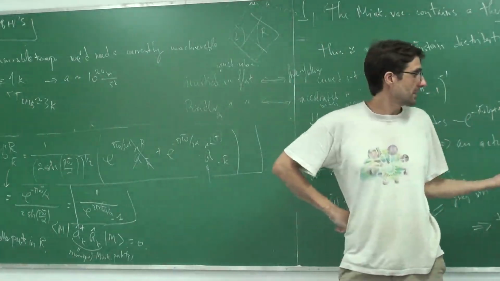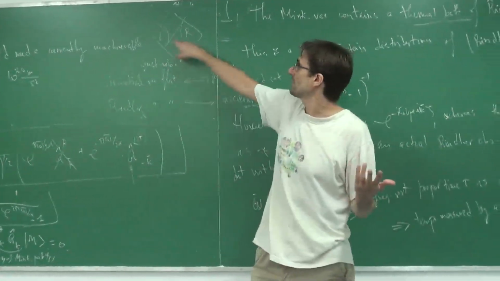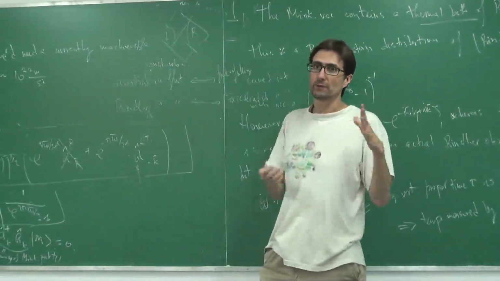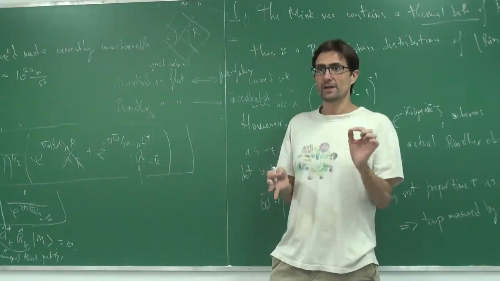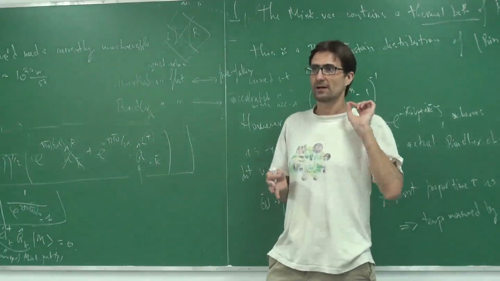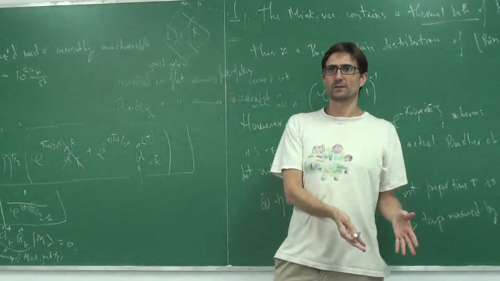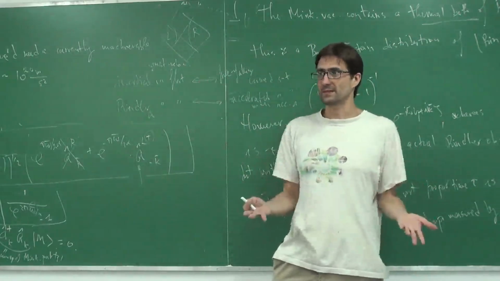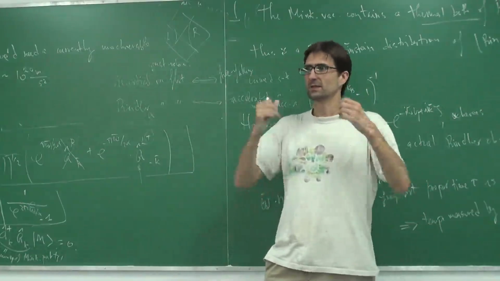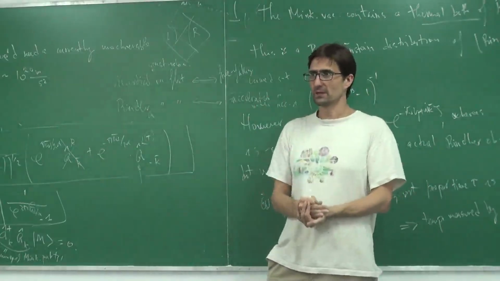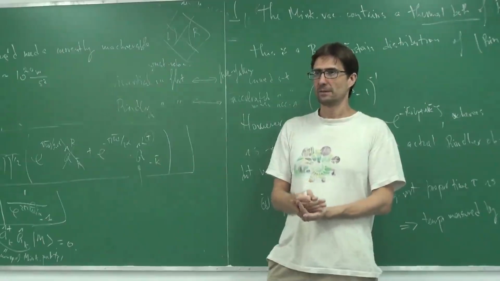Okay, so if you go to the black hole case, you also have a causal disconnection between what's inside the black hole and what's outside the black hole. If you have an accelerated observer in a black hole spacetime, which means not just free falling, not following a geodesic, say it's static, sitting with an engine that keeps it at fixed spatial position, so it's not free falling, it's accelerated.